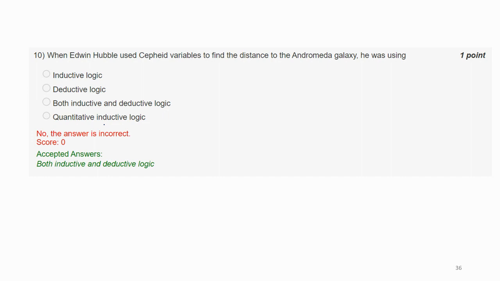For some portions he was using inductive, and for some portions he was using deductive. I think you have all read about that story because it was discussed in the class. Since this is a knowledge-based question, I'm not describing it further. So in this way we can approach the questions.